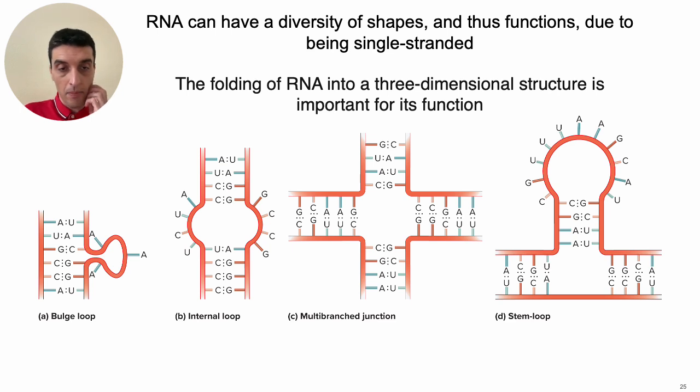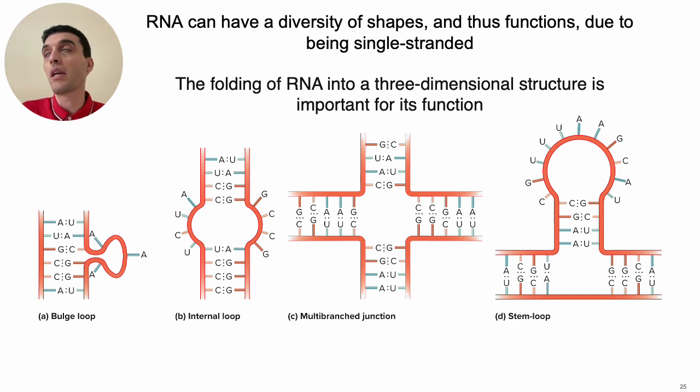And as I said, because this structure of RNA is very unstable, it can form hairpins, can form all sorts of different formats, and this way it has different functions as well.